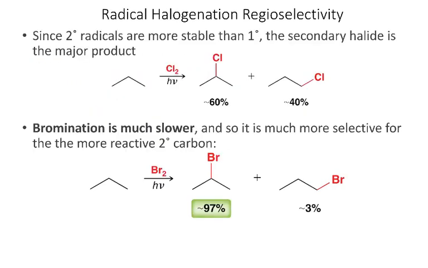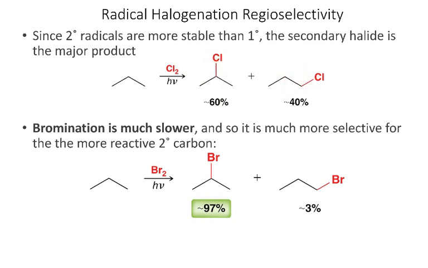Now, not all products are produced in equal amounts, and if you go back to the steps of the mechanism, the first propagation step is creating a radical on the alkane, and because a secondary radical is more stable than a primary radical, in this reaction we'll get more of the secondary alkyl halide than we do of the primary alkyl halide.